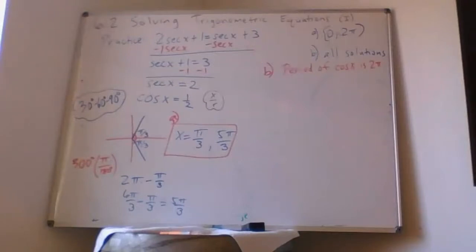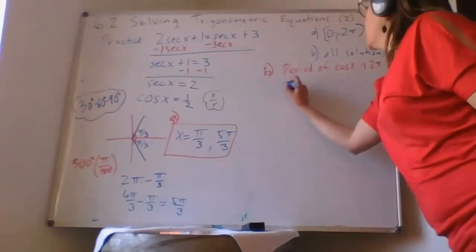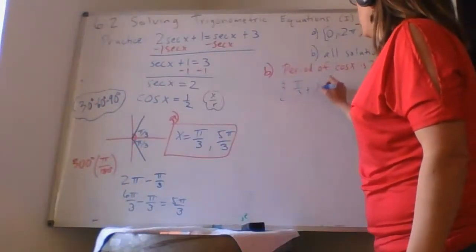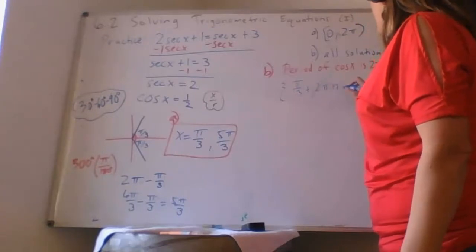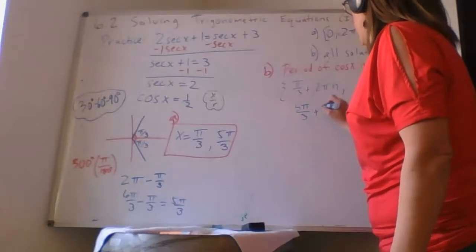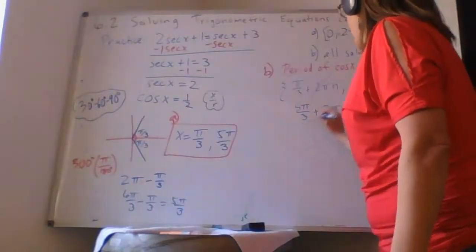Therefore, the general form is taking each solution and adding the period times n, where n is an integer. So we take pi over 3 plus 2 pi n and 5 pi over 3 plus 2 pi n, where n is an integer.